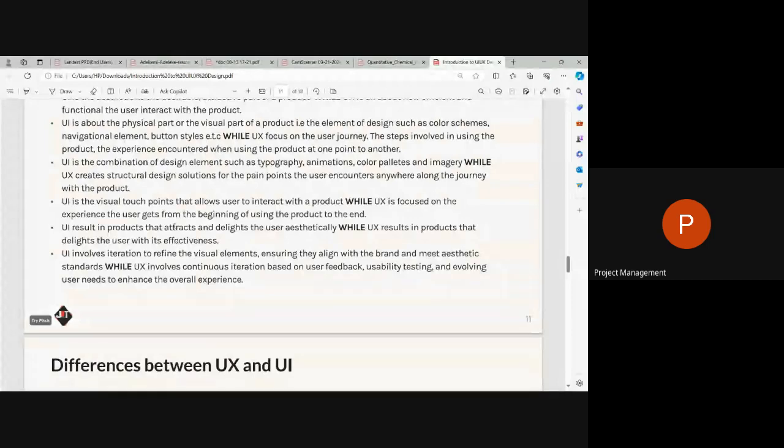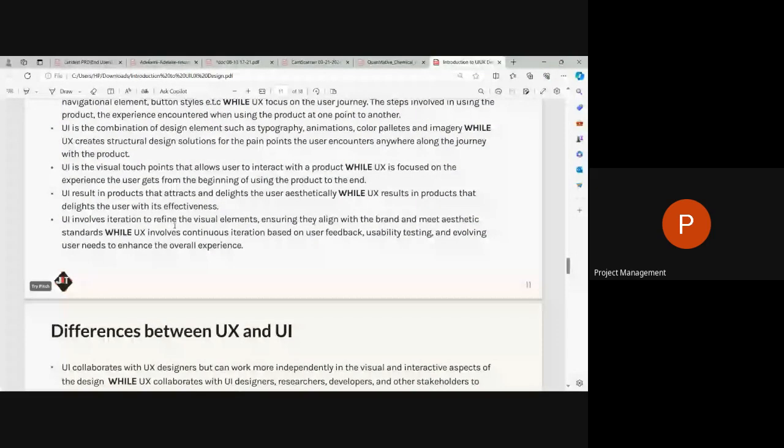Then the sixth one is that UI involves iteration to refine visual elements to make sure that they are aligned with the brand's standard and aesthetic standard.